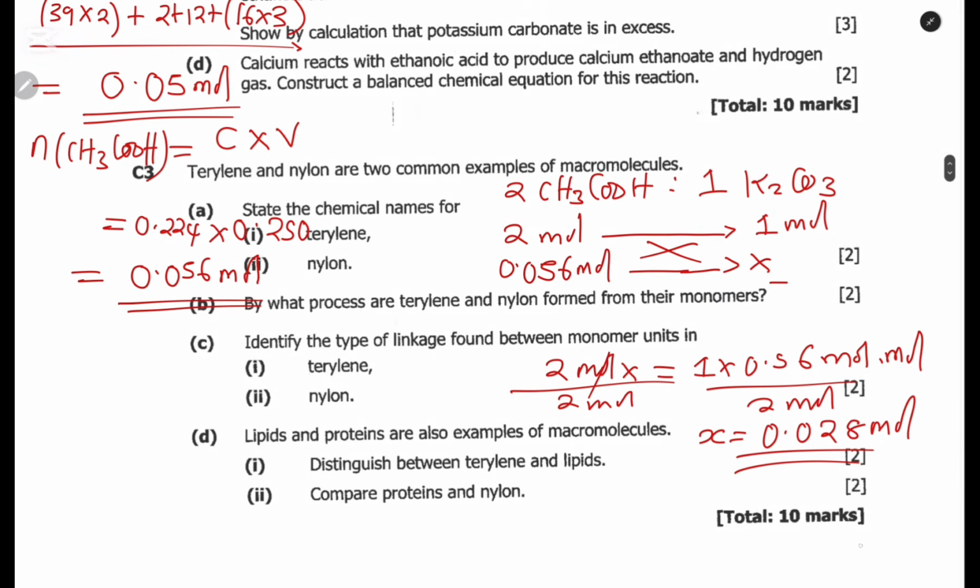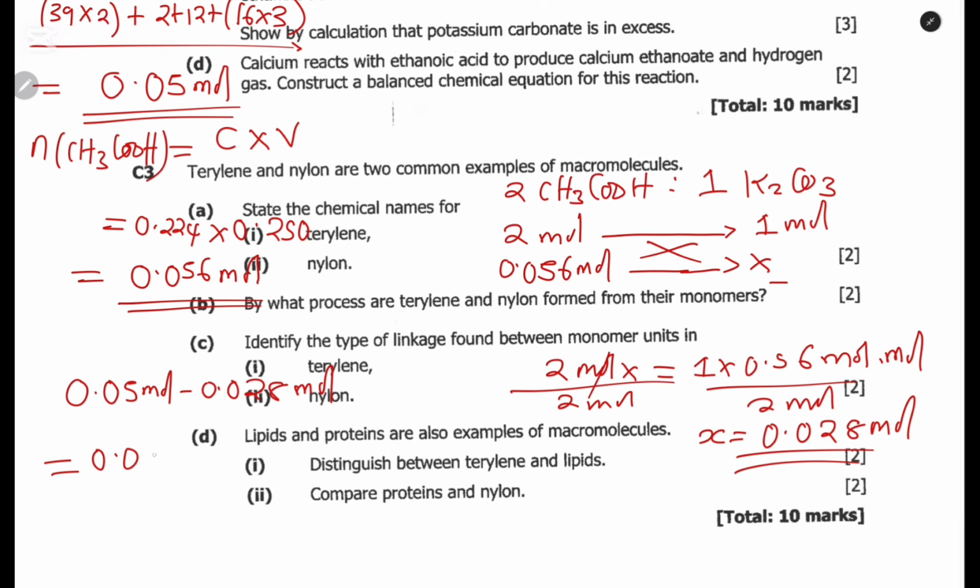Now, since these are the number of moles that reacted, we are going to subtract from the number of moles of potassium carbonate that we found, which is 0.05. So 0.05 moles minus 0.028 moles, and see what you find.